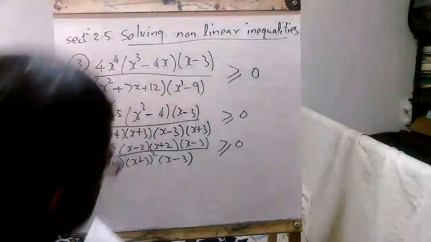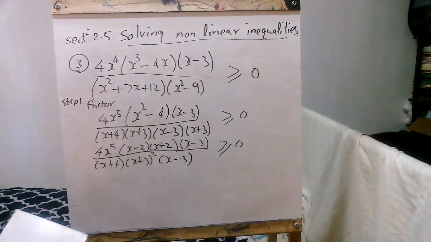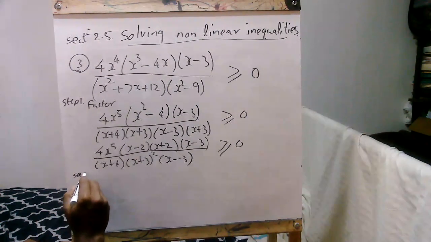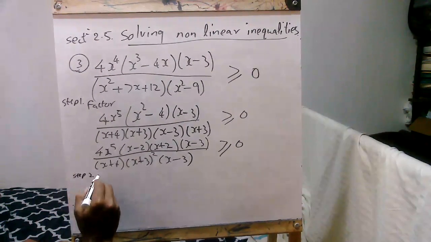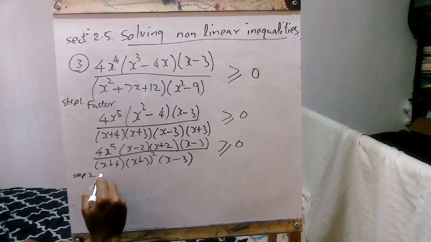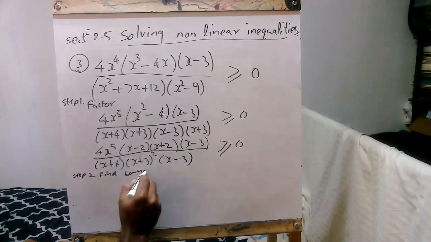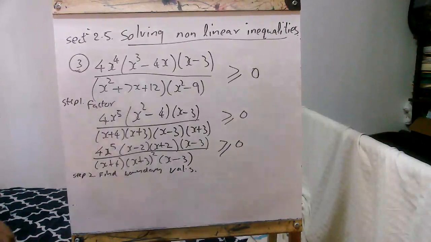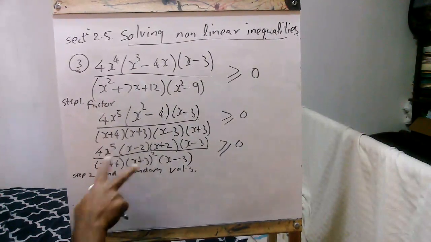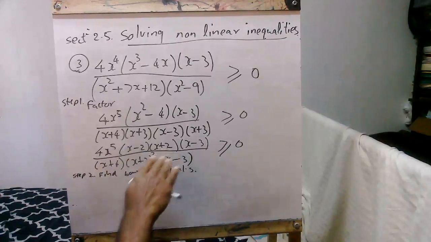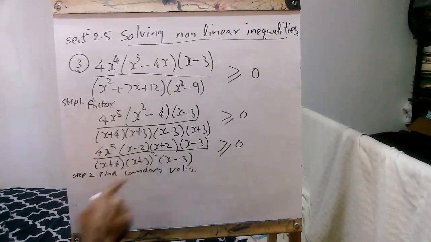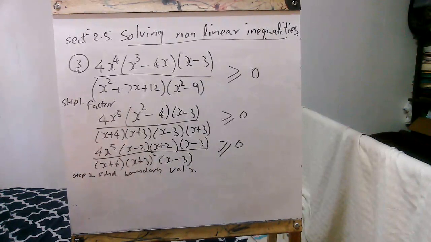Now next step, find boundary values. Boundary values means set numerator and denominator both to 0 and find x values where numerator is 0 and denominator is 0.